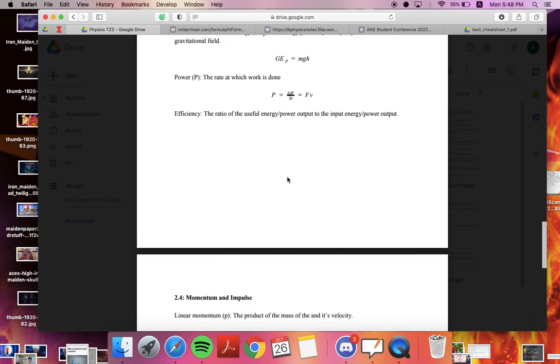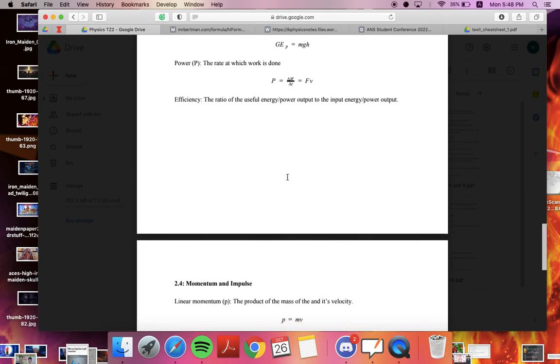And note the conservation of energy formula I said only applies when you only have kinetic and potential energy in a system. You have to be aware of losses of energy to things such as friction.